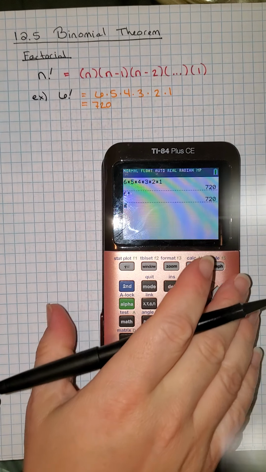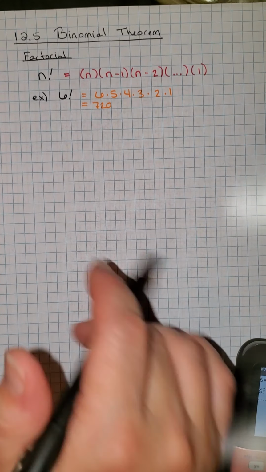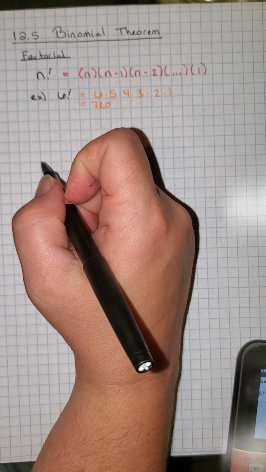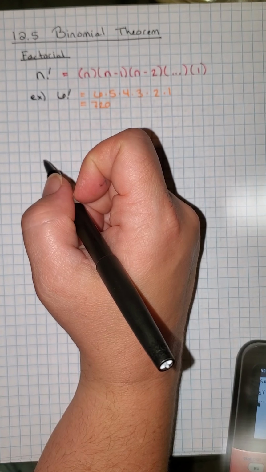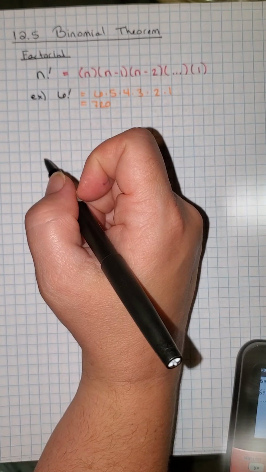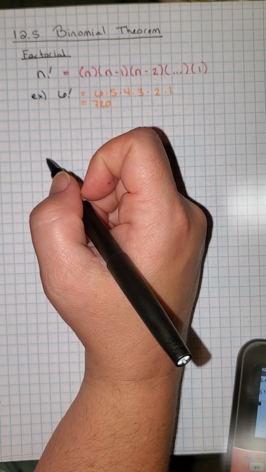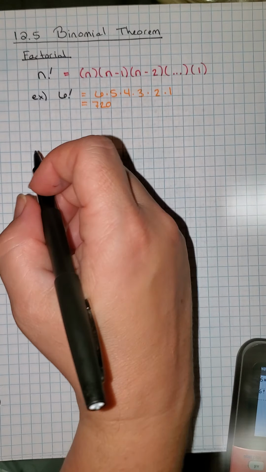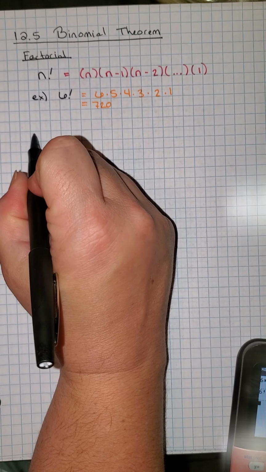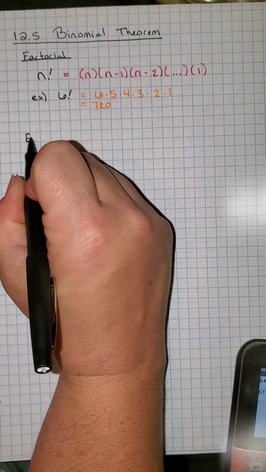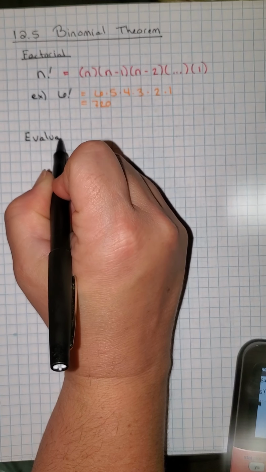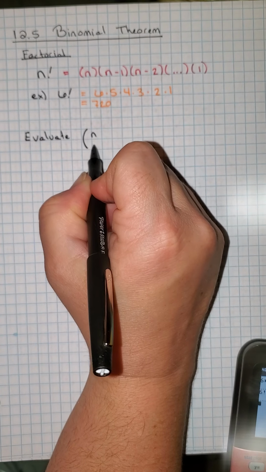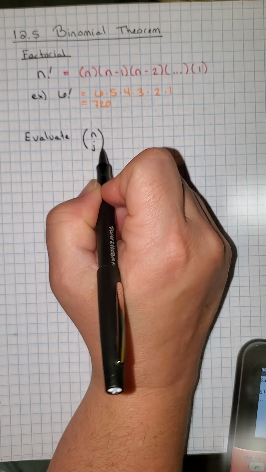All right, so the first concept we're going to do is evaluate these funky things. It's a big parenthesis with a number on the top and a number on the bottom.